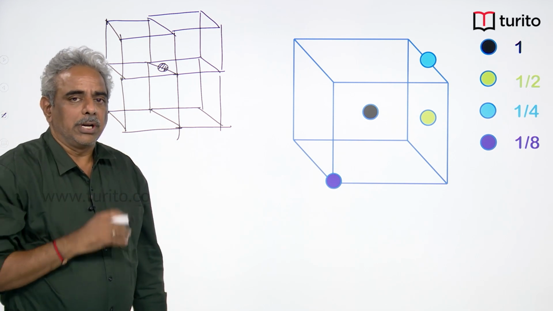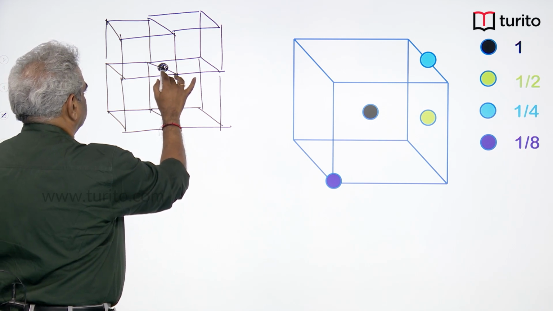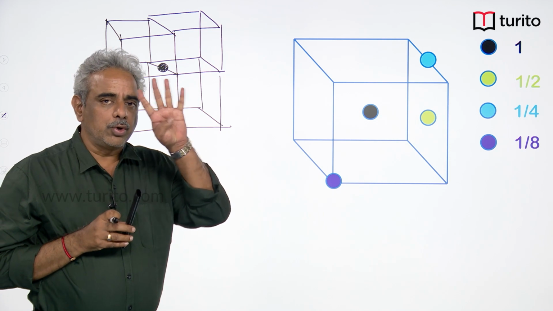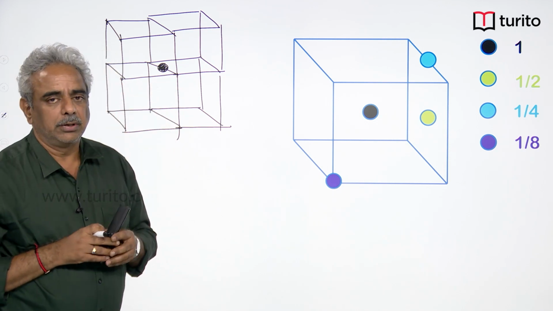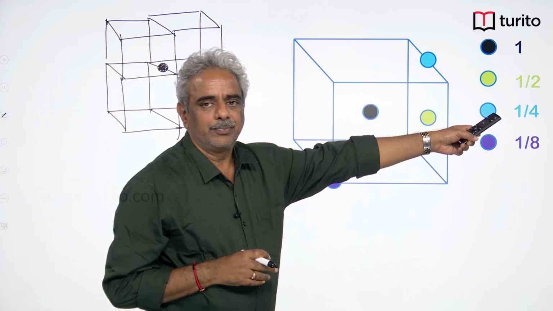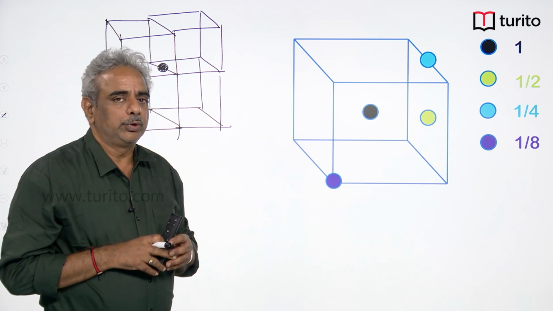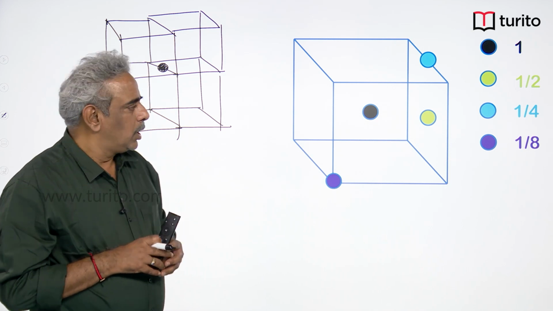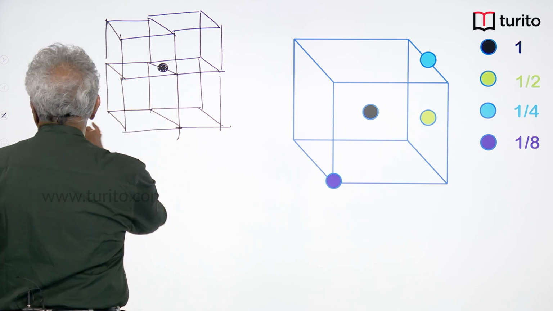Now, check that particular sphere which is present on an edge of a unit cell, that is common for 4 unit cells. So, how much this unit cell can take out of it? Only 1/4. So, the contribution of an edge sphere will be just 1/4 to a particular unit cell. Now, what about the corner? Suppose you take a corner, this is a corner atom.